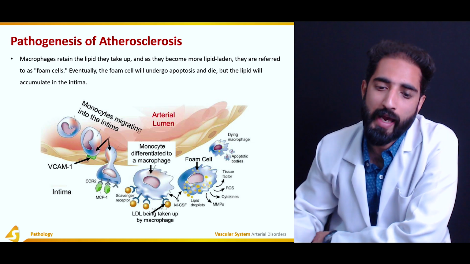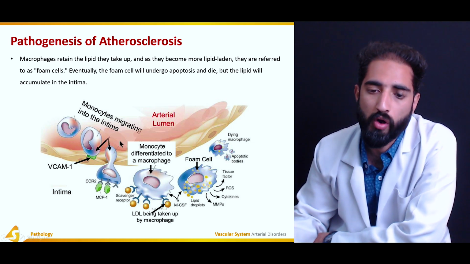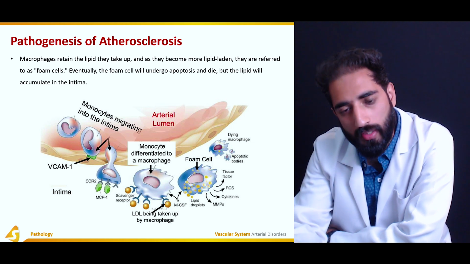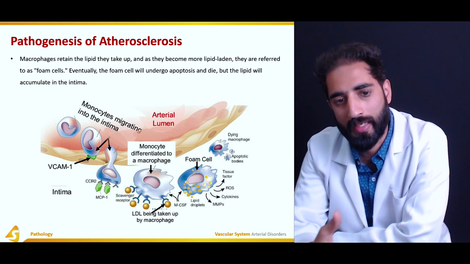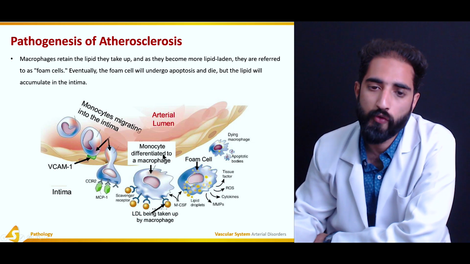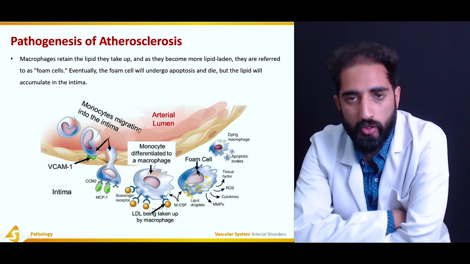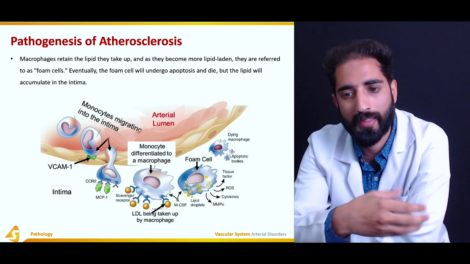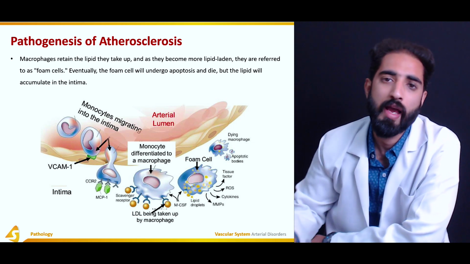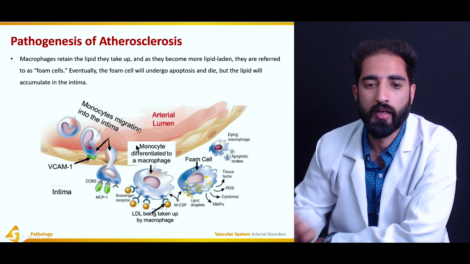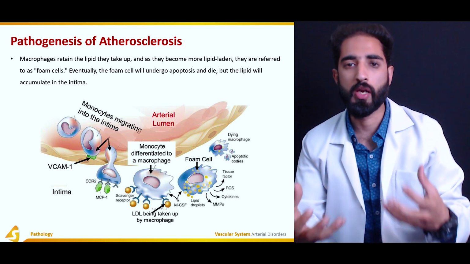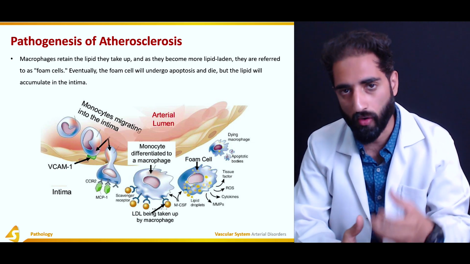So they are converted from monocytes to lipid-laden monocytes, and those lipid-laden monocytes are then converted into foam cells. Eventually the foam cells will undergo apoptosis or programmed cell death, but the lipid will accumulate in the intima, and this would result in the formation of the atherosclerotic plaque or the atheroma.